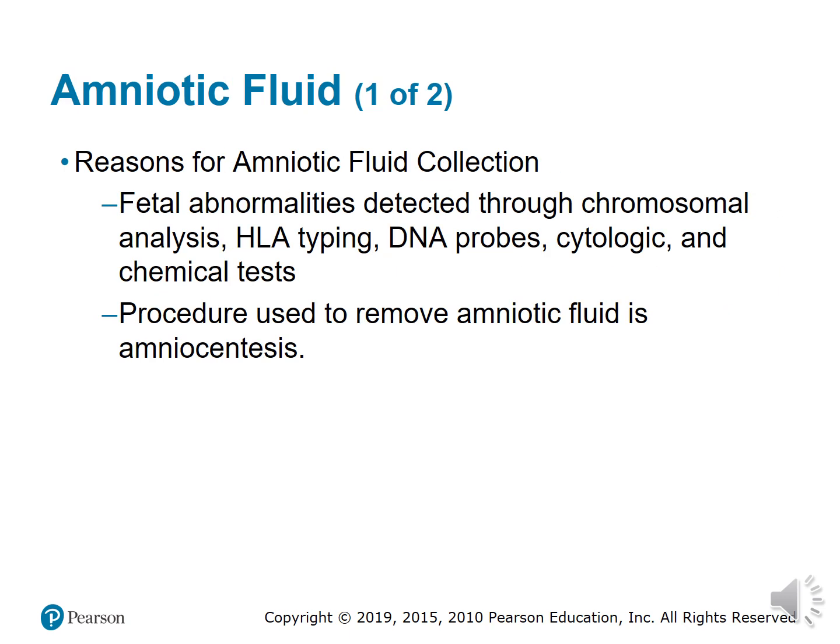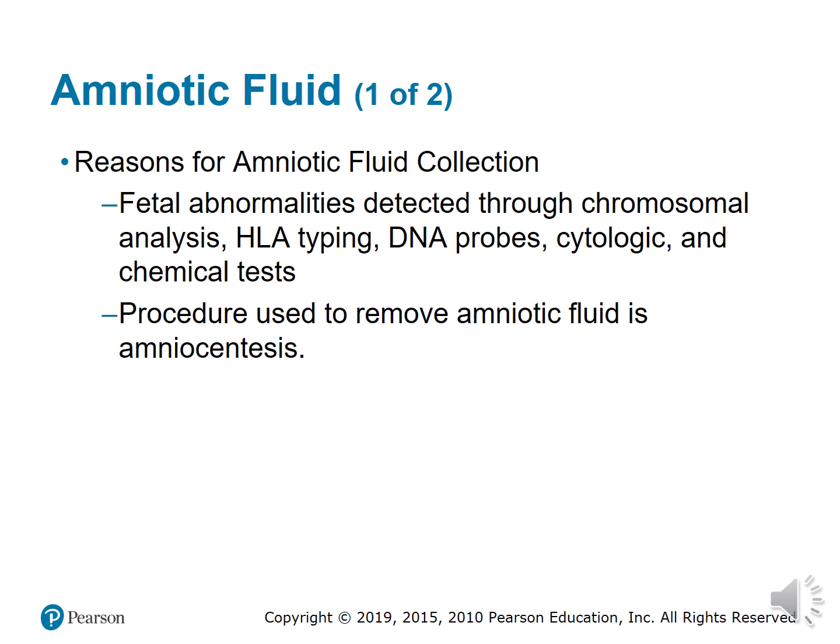Another type of specimen you can collect is amniotic fluid. Amniotic fluid is used to check for any fetal abnormalities. Basically, it is the removal of amniotic fluid from the baby's amniotic sac, and we do this by amniocentesis.